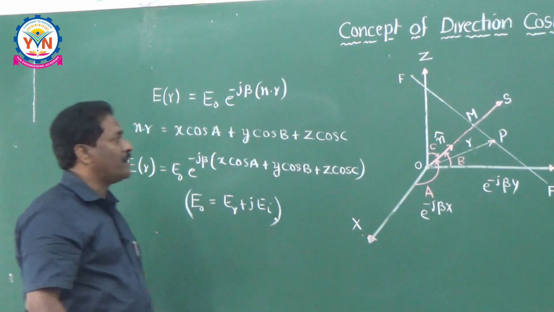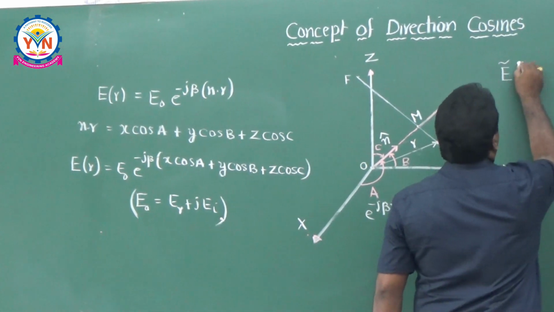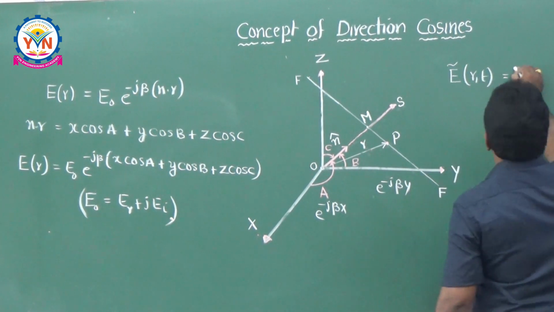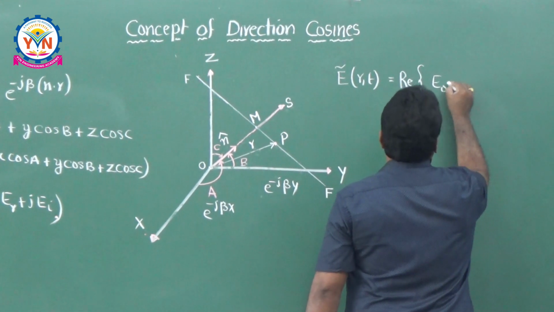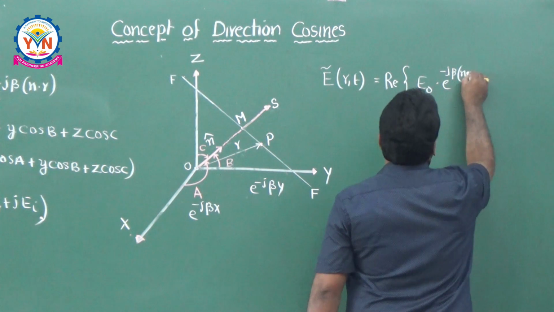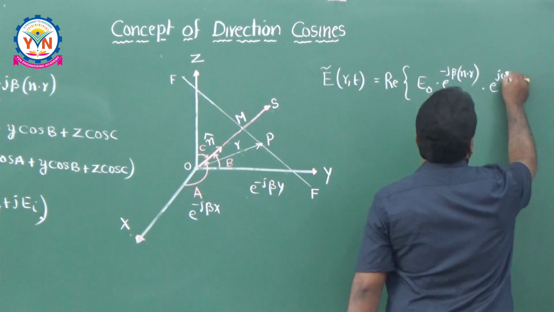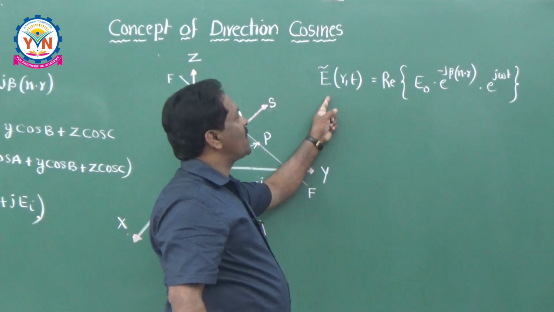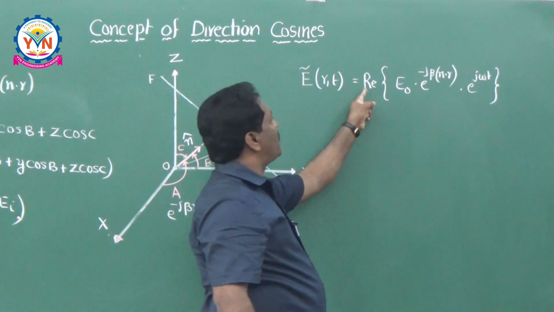Therefore, I can write E dash of r comma t is equal to, take the real part of it, E naught into e to the power of minus j beta n dot r after multiplying with this e power j omega t. You know, if you want the time variation, first of all you have to multiply with this e power j omega t and take the real part of it.